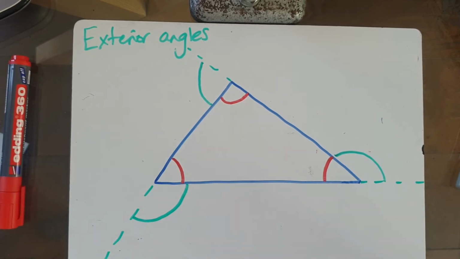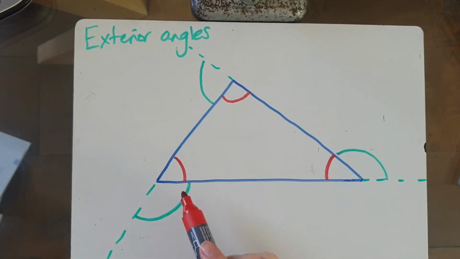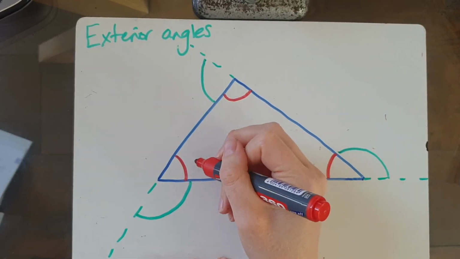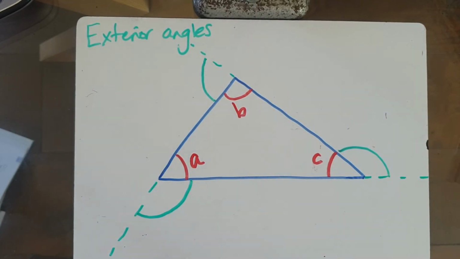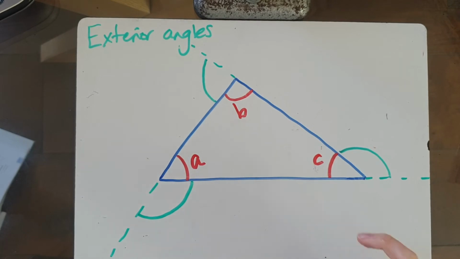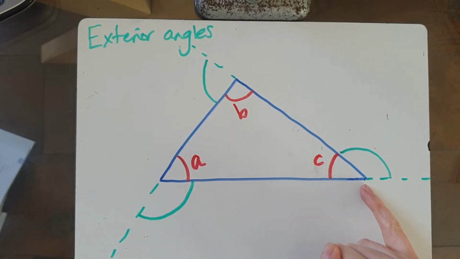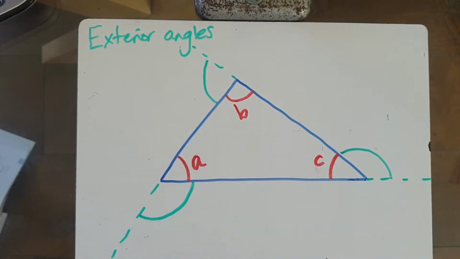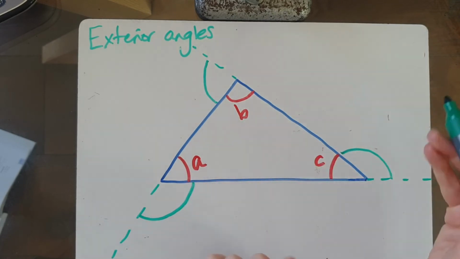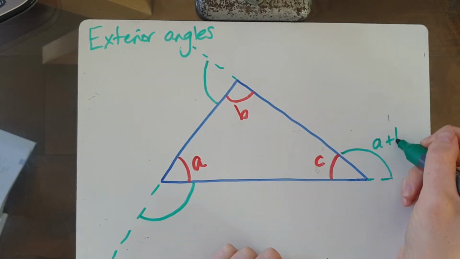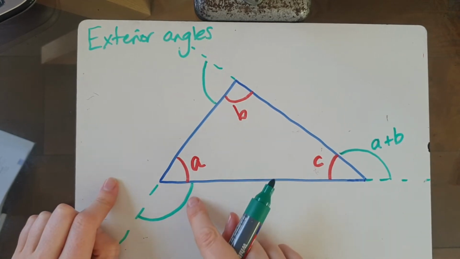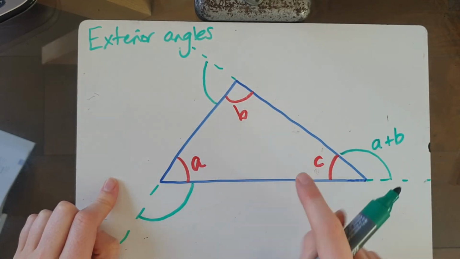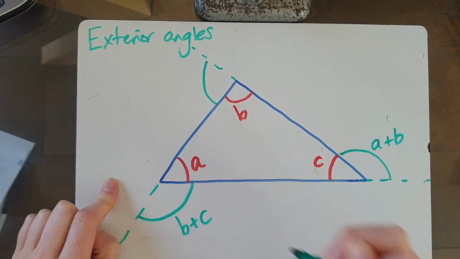A key thing to note is that if a triangle has interior angles A, B, and C, the exterior angle at interior angle C will be equal to the other two angles added together. So this angle here will be the other two angles added together.